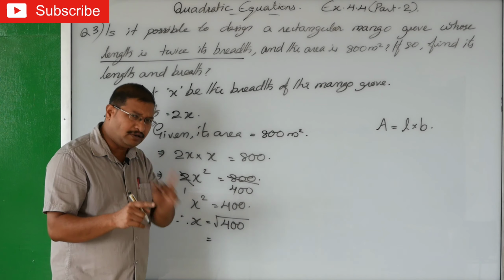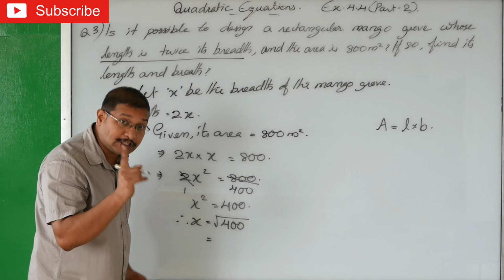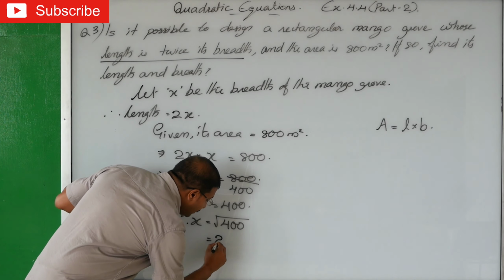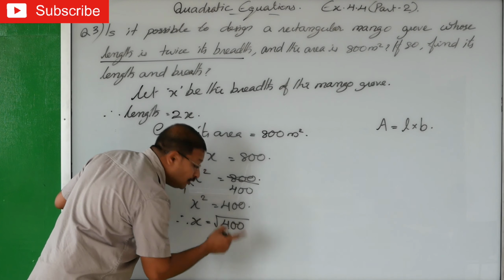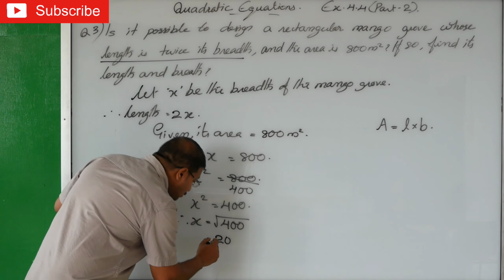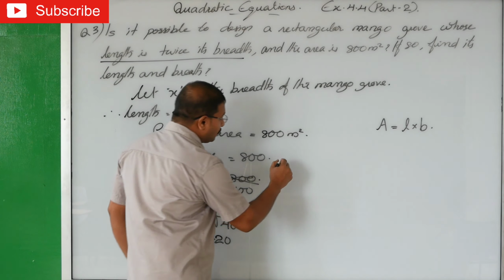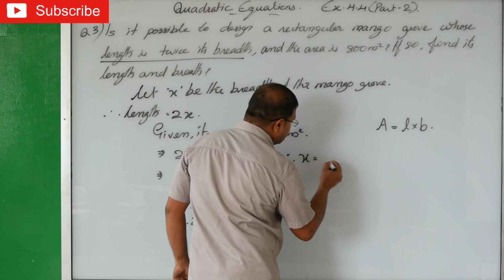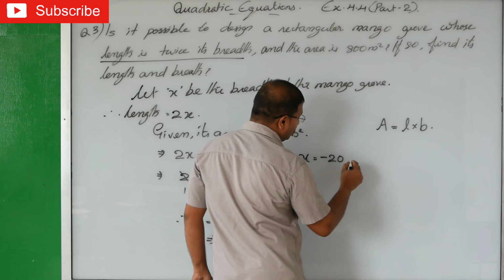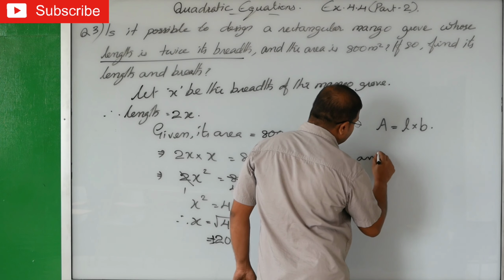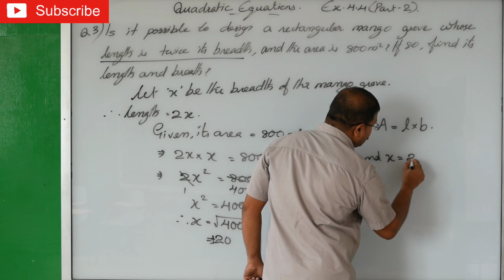If you have doubt, check it. Square root of 400 is 20 because 20 into 20 is 400. But of course, it should be plus or minus 20. Therefore, x equals minus 20 and x equals plus 20.